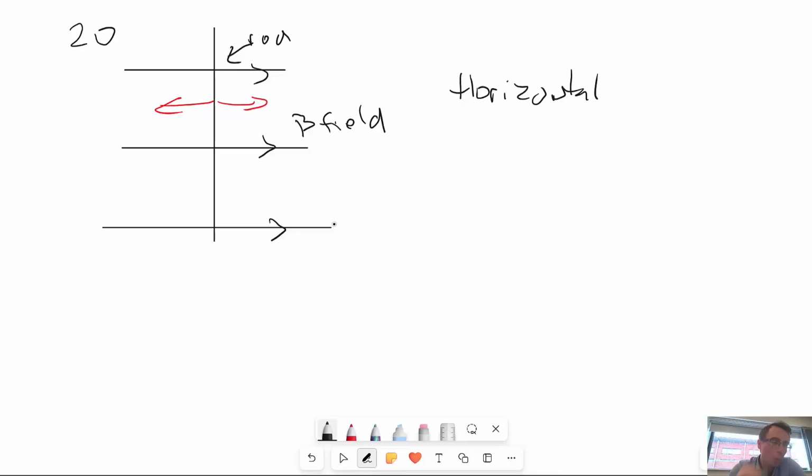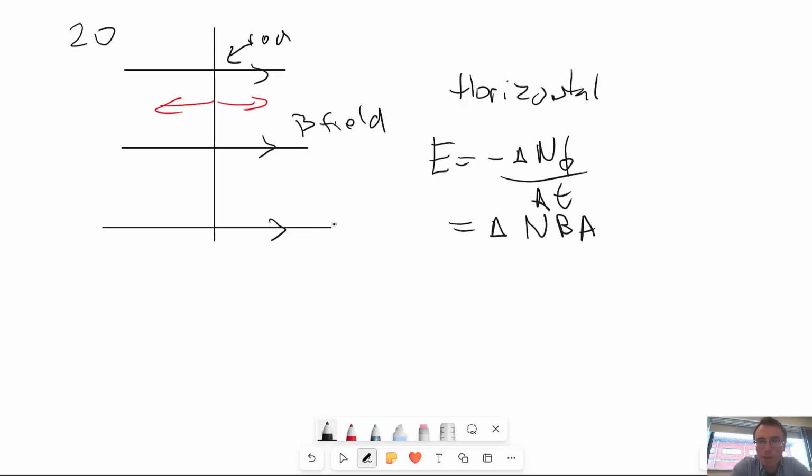Okay. Well, what will the actual expression for the EMF be? Well, from Faraday's law, the induced EMF is equal to the rate of change of magnetic flux linkage, over delta t. Well, this here is just going to then be equal to delta NBA cos theta.